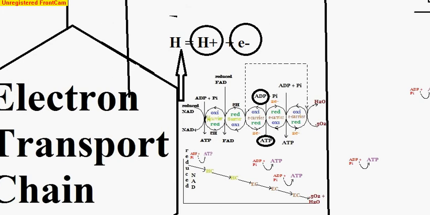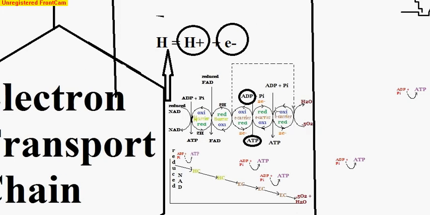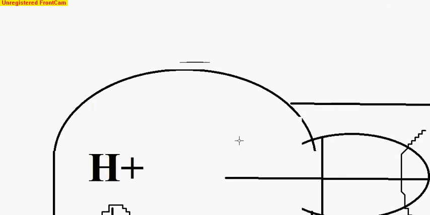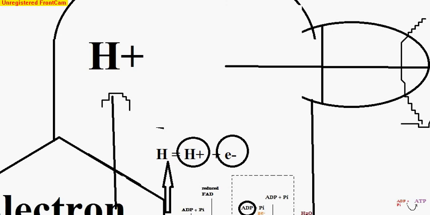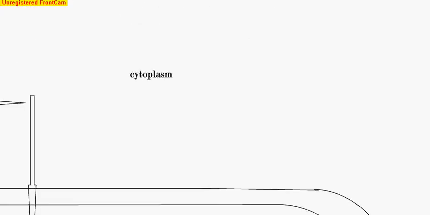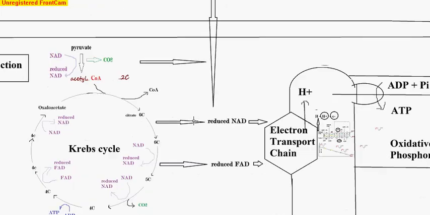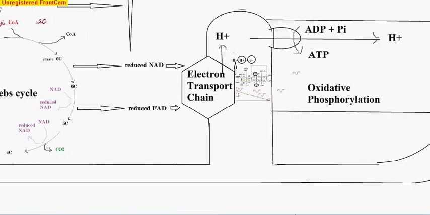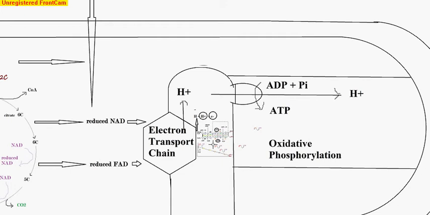Hope that's clear. And then the final thing is the hydrogen that comes down here gets oxidized again with the electron, and it reacts with the oxygen. We said there are two raw materials: glucose, which is used in glycolysis over here, and oxygen, which is used over here in the electron transport chain.